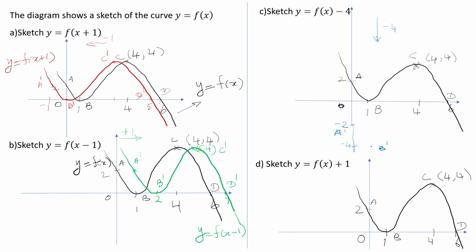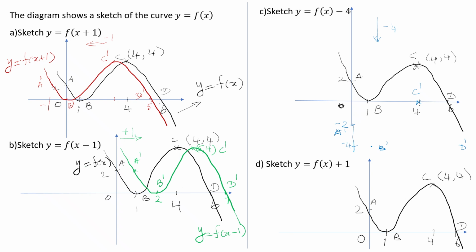Next one, for point C, x coordinate still remains the same, but the y coordinate is reduced by 4. So the new coordinate is going to be here, 4, C dash. And the next coordinate D, y coordinate is 0, so the new y coordinate is going to be -4. So this is D dash.